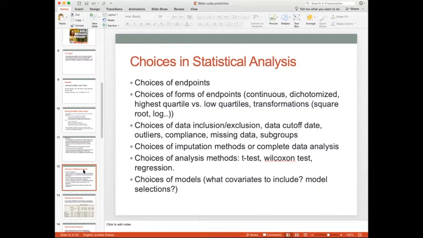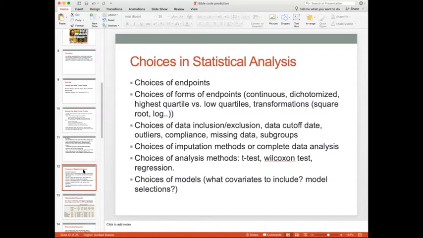So in statistical analysis, we have a lot of choices to be made. Like, for example, choices of endpoints. When we get the data, oftentimes it consists of a lot of endpoints that we can analyze. And we probably analyze all the endpoints and pick the one that finds some significant or interesting finding and report it, right? So there are choices of endpoints that we choose to report. And in the analysis, there are also the choices of the forms of endpoint.